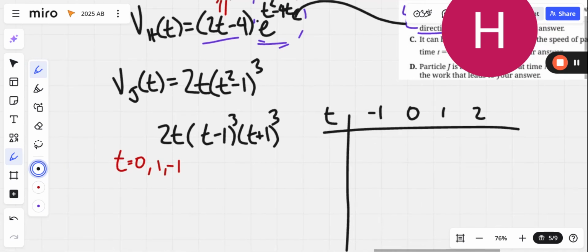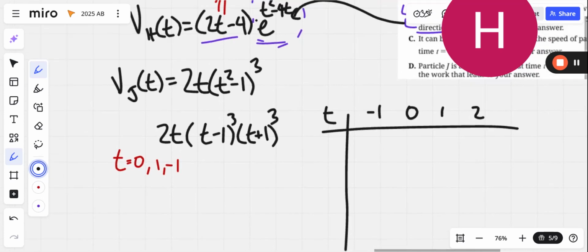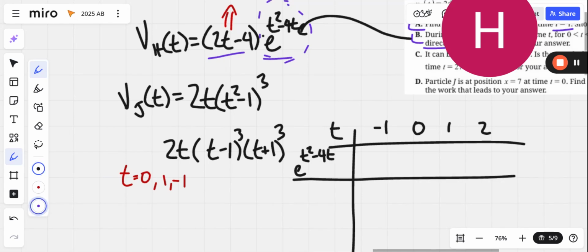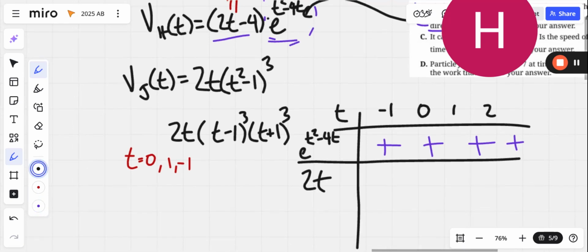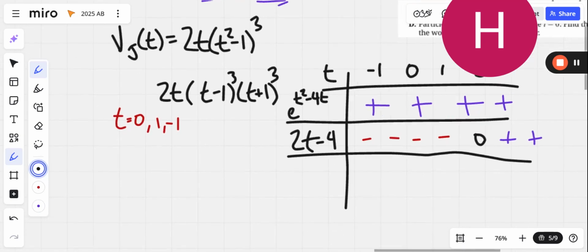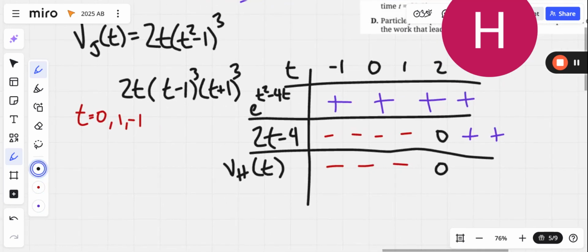And what we're going to do is plot our factors of VH. So we're going to have e to the t squared minus 4t. This is always positive, never 0. And then we have our other factor, 2t minus 4. This is 0 when t equals 2, and it's negative before that. So that means that the velocity overall for h follows the pattern negative, negative, then it hits 0, and then we go positive.